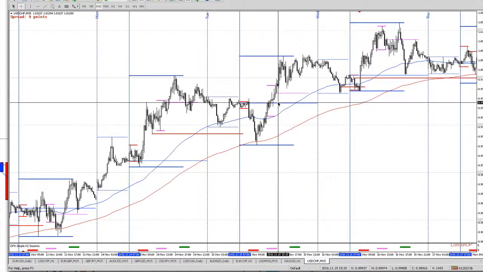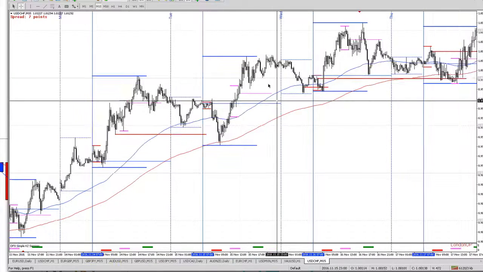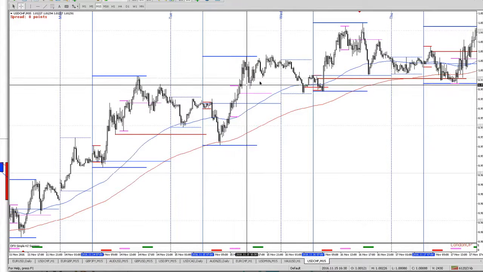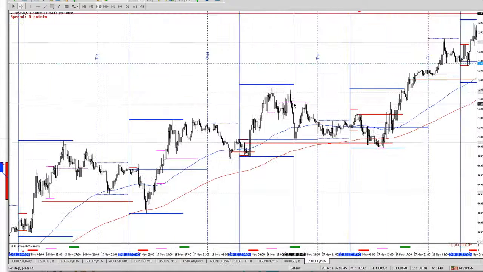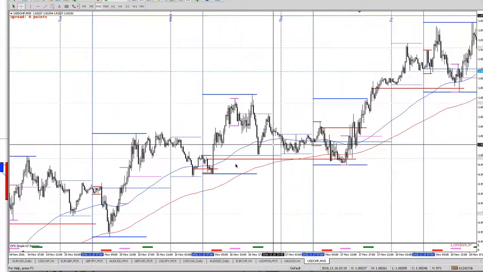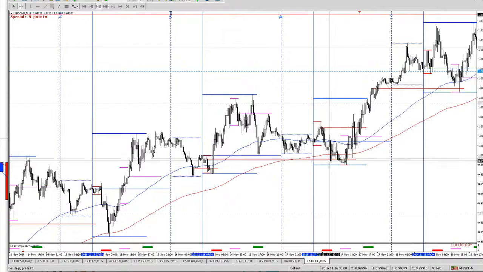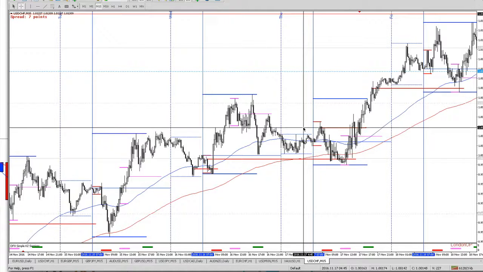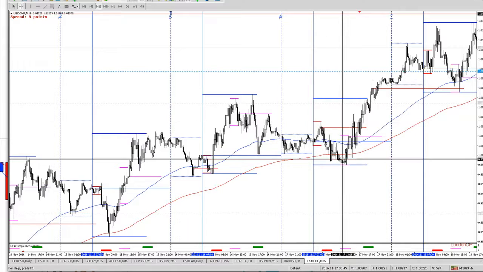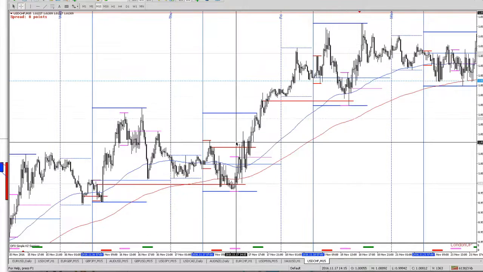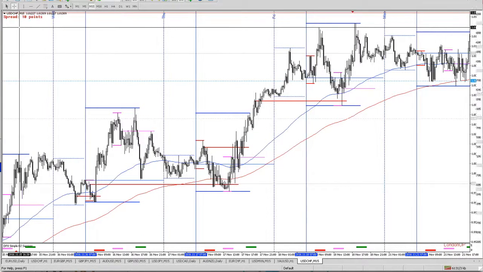I would set it probably there, and it wouldn't get hit, because this one has already been hit, so I wouldn't really use this one, plus it's too small. So again, you could set your order block, price does its thing while you're asleep, rallies up, comes down into your order block and takes off with your pips.